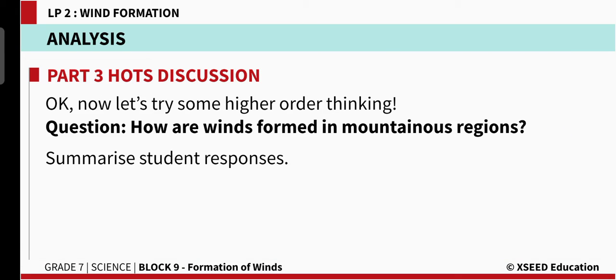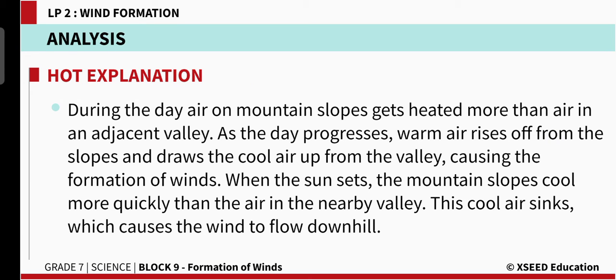How are winds formed in the mountainous region? During the day, the air on the mountain slopes gets heated more than the air in the adjacent valley. As the day progresses, what happens? The warmer air rises off from the slopes and draws the cooler air up from the valley, causing the formation of the winds.